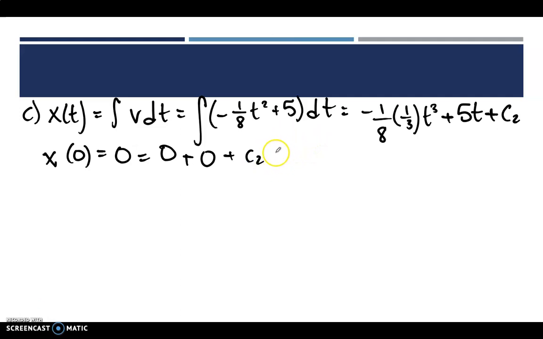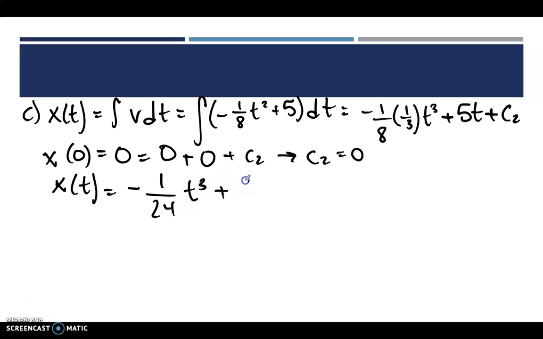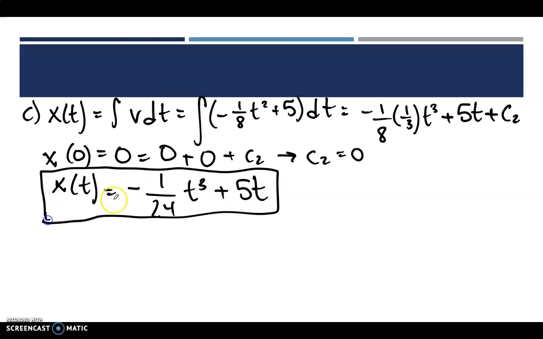Okay, therefore c2 is equal to 0. So our position function is negative 1/8 times 1/3, which is negative 1/24 t cubed plus 5t. So that is our position function.